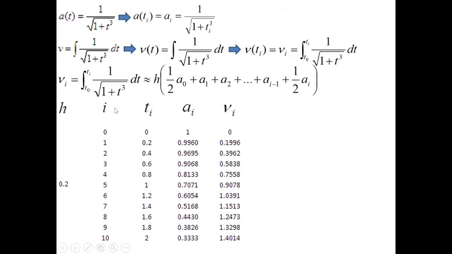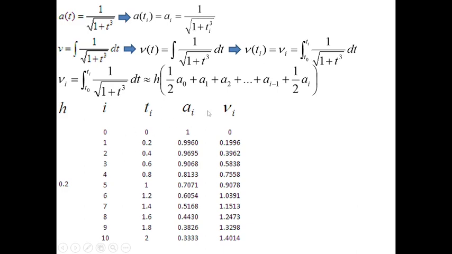We start from 0 until we reach 2 seconds, so with an interval of 0.2 seconds, therefore h is equal to 0.2 seconds.